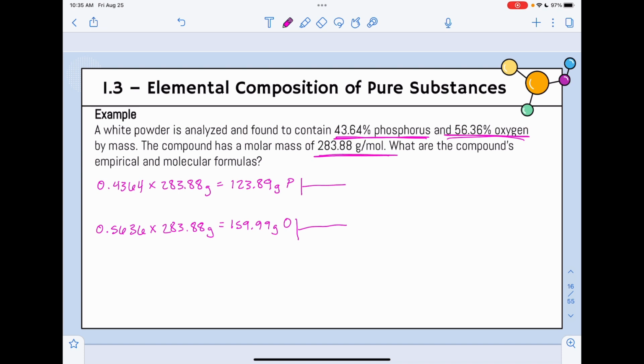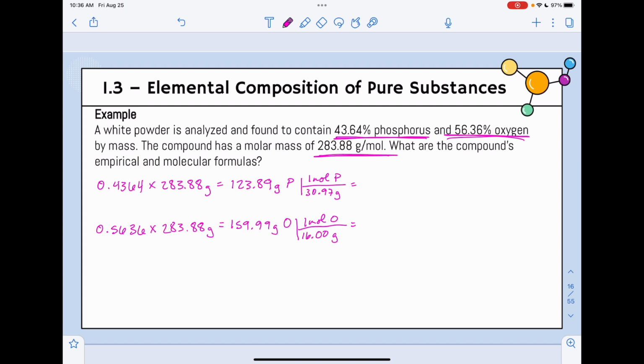Okay, so 1 mole of phosphorus is, let me find my periodic table, 30.97 grams, and 1 mole of oxygen is 16 grams. Okay, so I'm going to do 123.89 divided by 30.97.